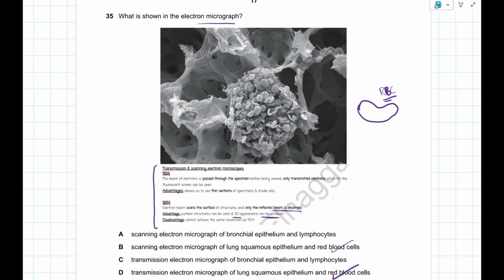Therefore, here we could see a 3D appearance and we could clearly see the surface of the structure. We are not seeing a cut section as in the transmission electron micrograph. Therefore, this must be a scanning electron micrograph because we could see the reflected surface because of the reflected electron beams in a 3D shape. Therefore, the answer must be scanning electron micrograph and is going to be B.